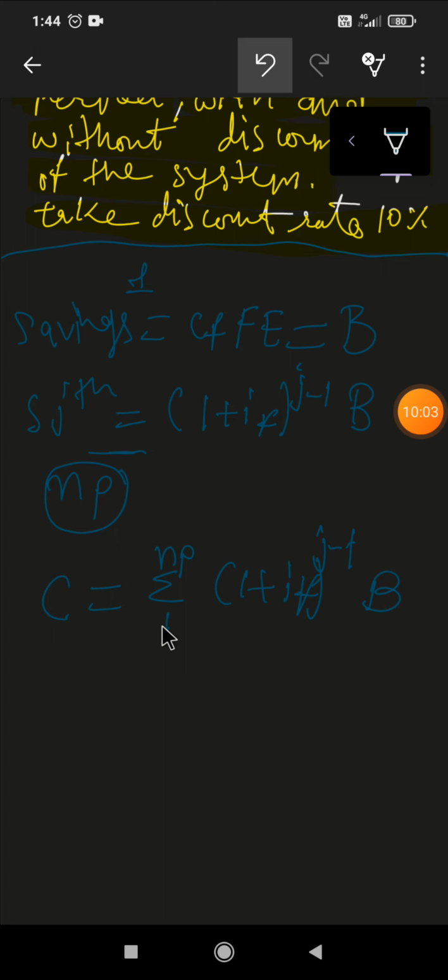If we solve this sigma, b is a constant, so it will come out, into bracket (1 plus IF) raised to NP minus 1 upon IF. So this is the formula for the cost of the system, which will be returned after n periods. NP here is the payback period in number of years.